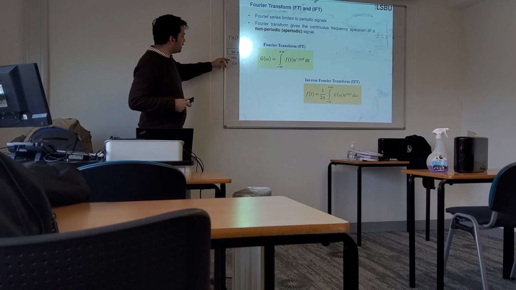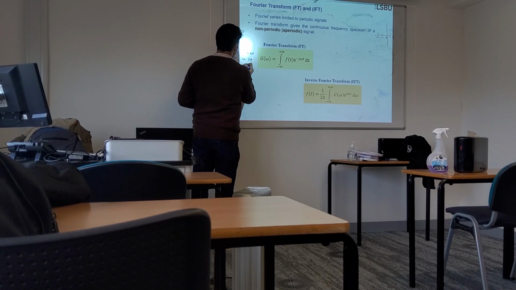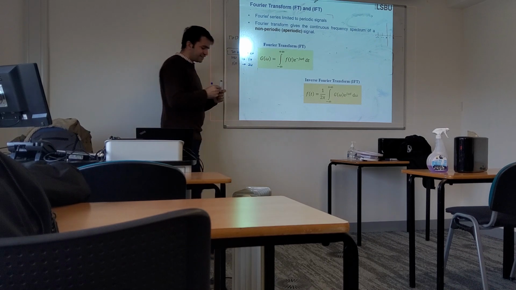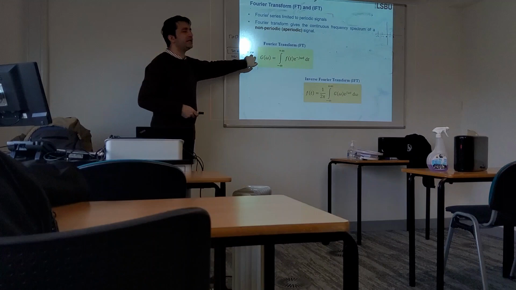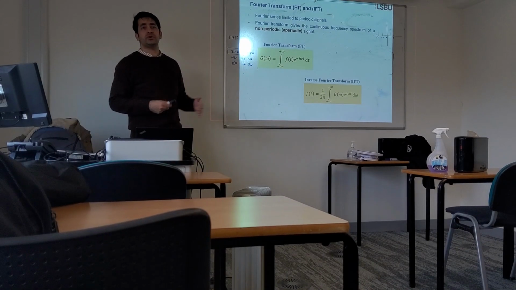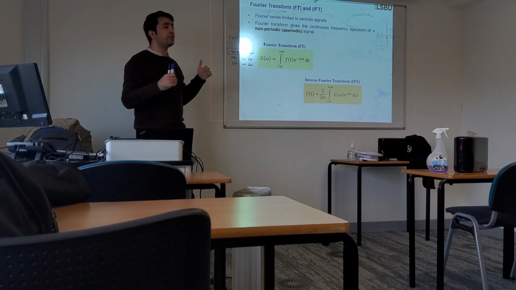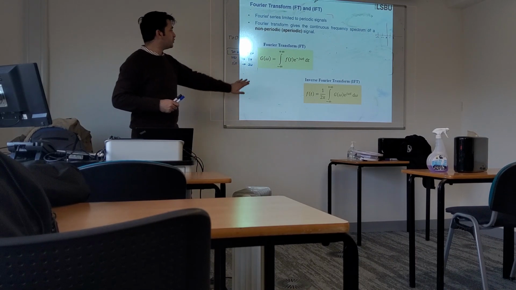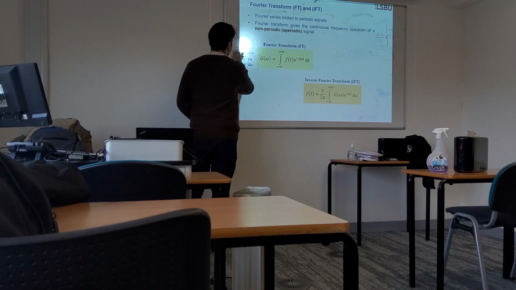I will see, okay, at 50 hertz I have 10 volt. At 100 hertz I have 5 volt. At this I have 2 volt. So this is a terrible power supply. Why? Because I need the whole in the fundamental frequency, but I have many other frequencies. So to analyze such systems for various kinds of frequency, it is very important that we know how to do that. And to do that, we use Fourier transform.